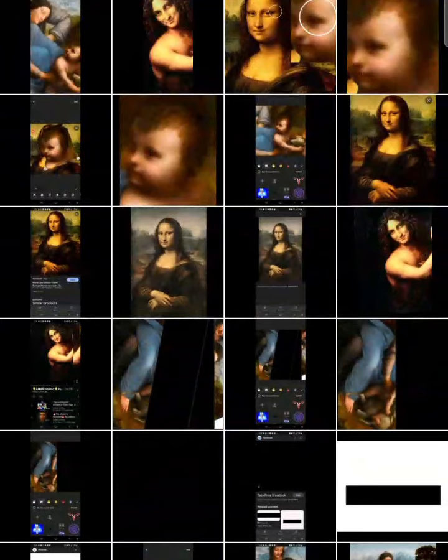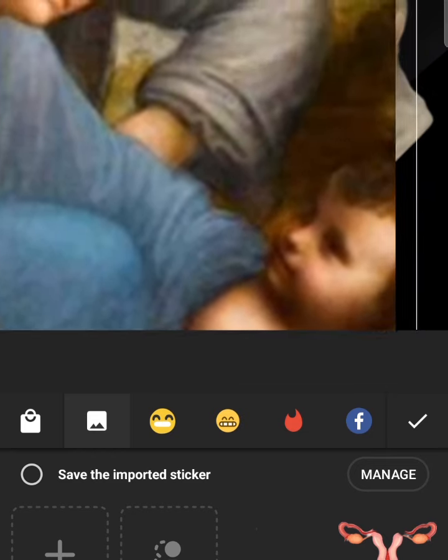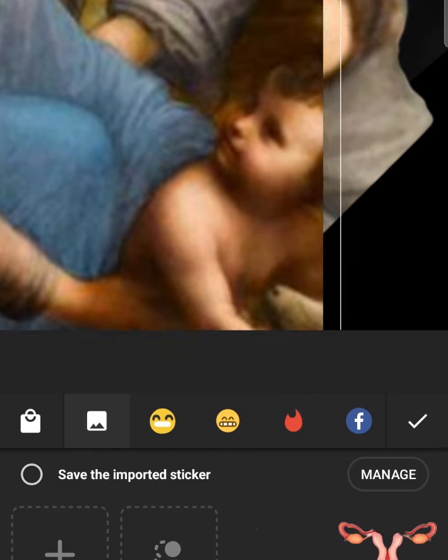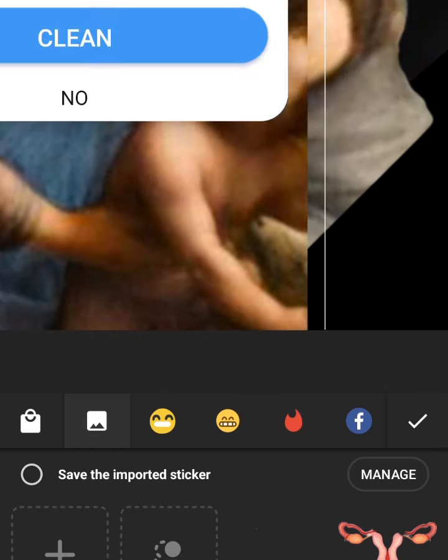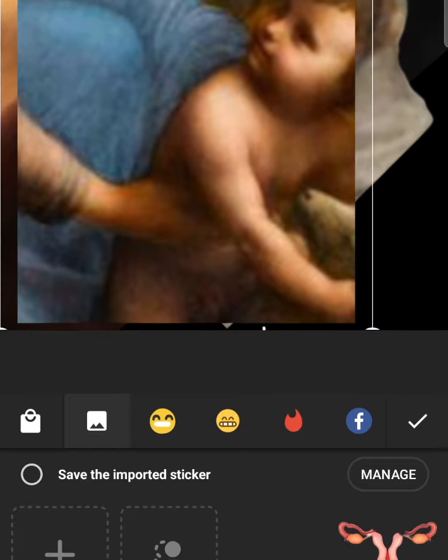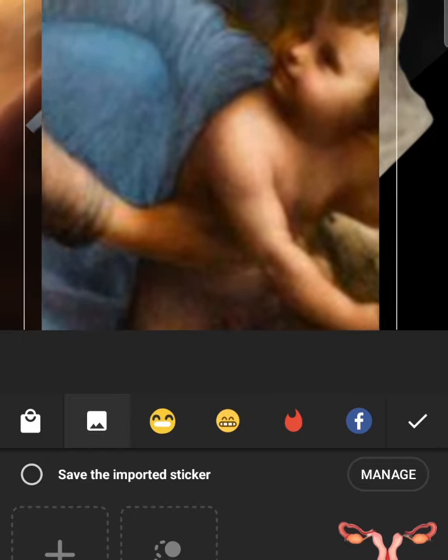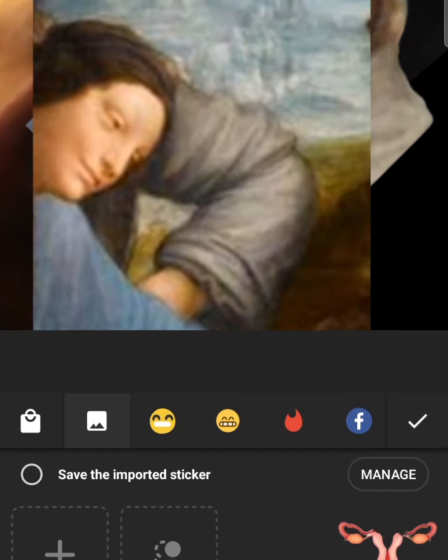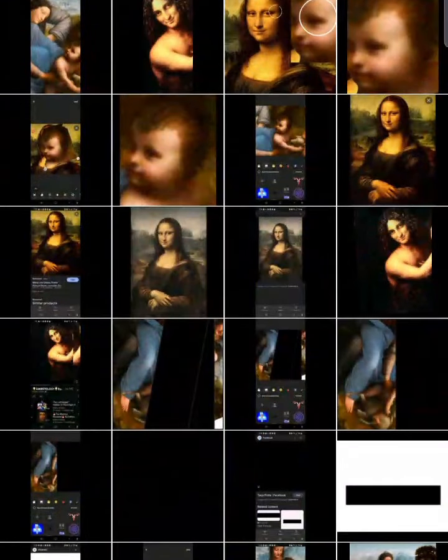Now, what caught my attention even more about that picture is that the child's face is totally different than the mother's as far as the eyes go. And it caught my attention even more that the child's hair is woolly like the lamb. Let me show you what I mean.